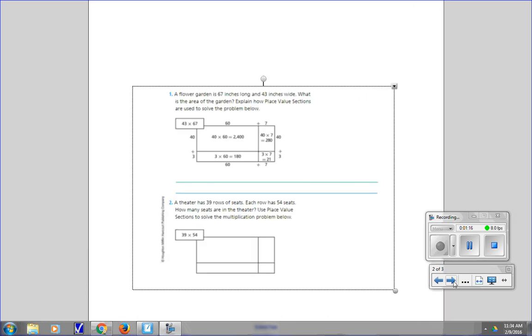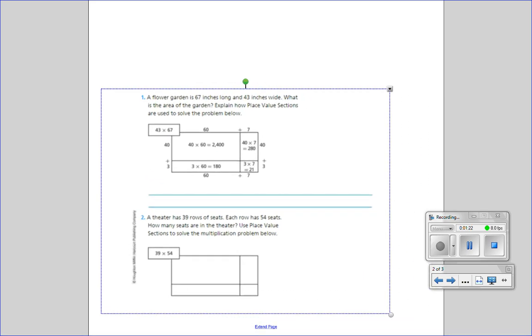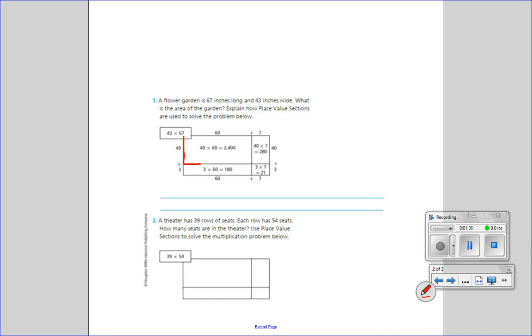So first of all, we have the place value model. And what I want you to see, it's an area. You are figuring out basically an area for 4 rectangles, okay? So you have your one rectangle here, which is 40 by 60.